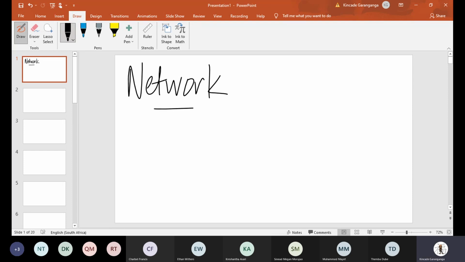And a network is literally an interconnection of two or more computer systems with the associated peripheral devices, for the purposes of sharing resources.